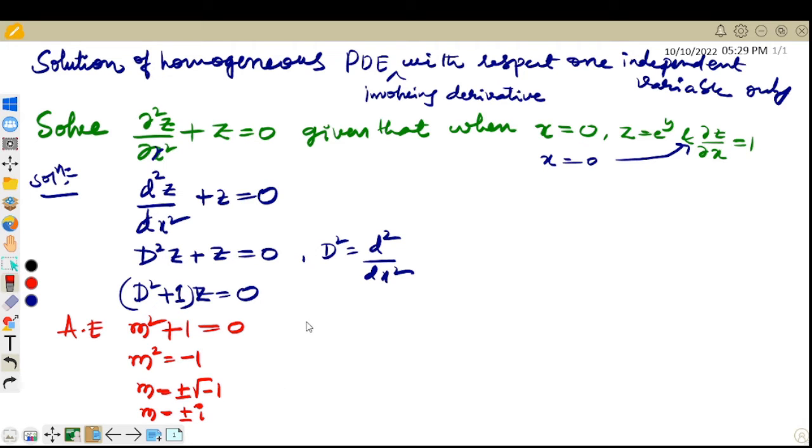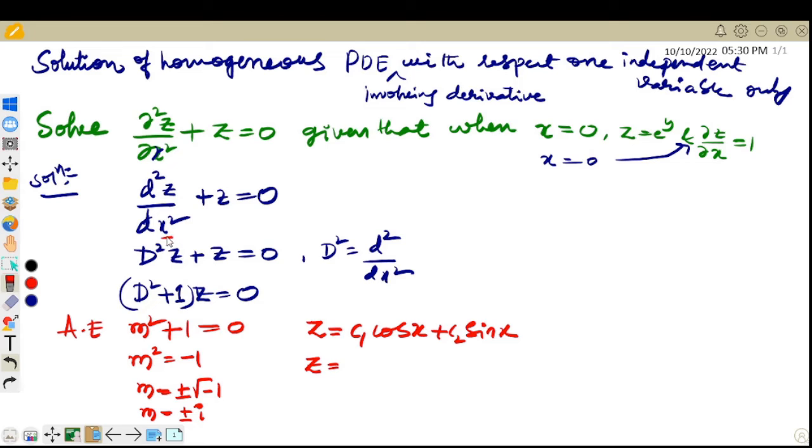If the roots are plus or minus i, then the solution is z, the dependent variable, equal to c1 cos x + c2 sin x, since the roots are purely imaginary complex roots, and the independent variable is x.